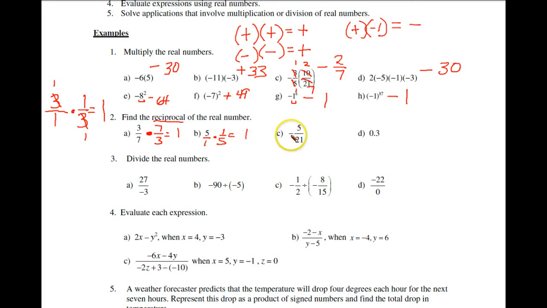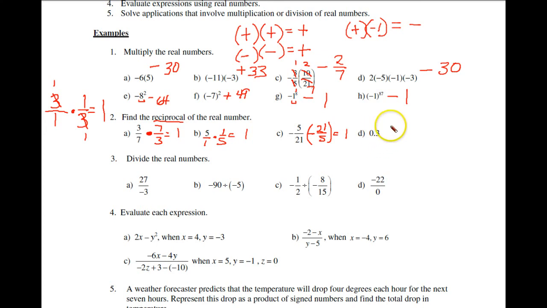Here it's critical. Note the negative sign, because we get a positive 1 when we deal with the reciprocal. So it has to be the same sign. So a negative, so we'll get a positive, and then 21/5, that equals 1.